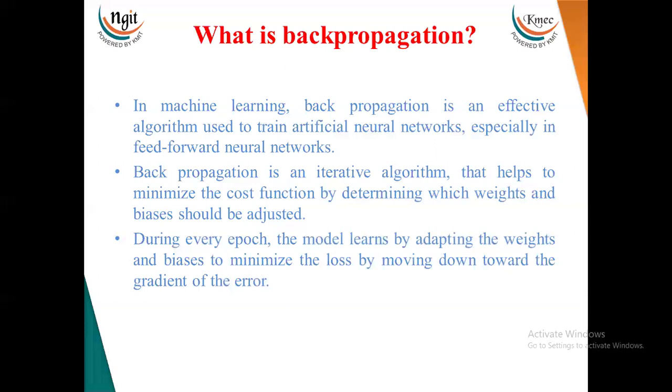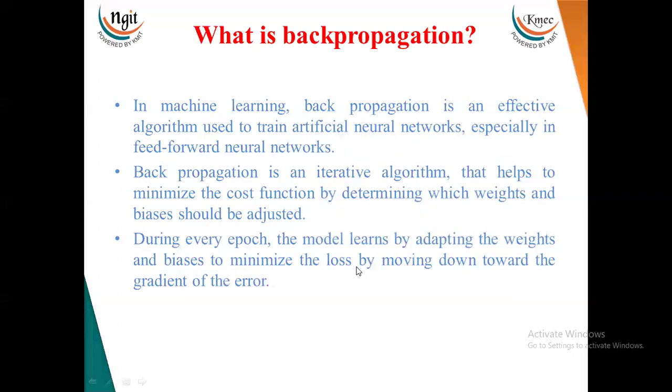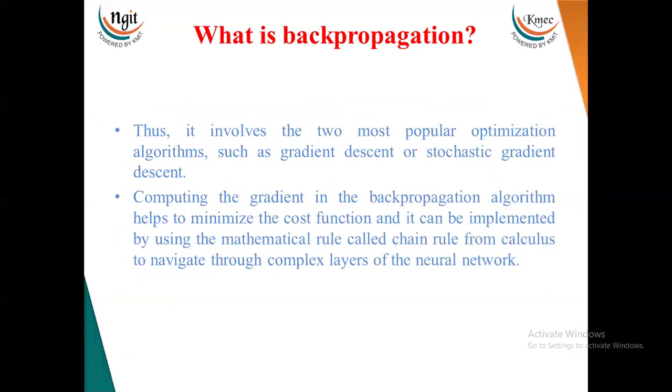For every epoch, for every time, we calculate the gradient of the error and change the weights. Now what is back propagation? Computing the gradient in back propagation helps reduce the cost function. It can be implemented with the help of the chain rule from calculus, and it works across multiple complex layers.